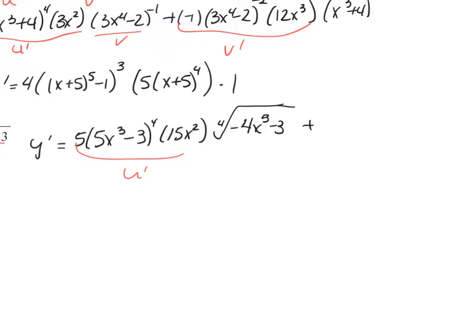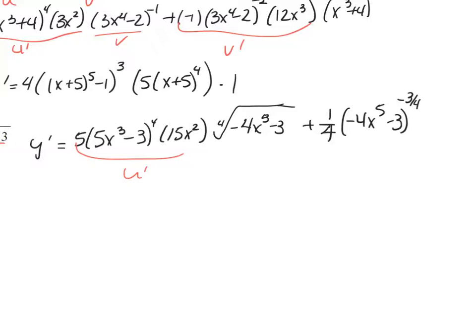So plus the derivative of my second one, I'm going to start with my outer function. It's going to be the 4th root of negative 4x to the 5th minus 3 raised to the negative 3/4. It's the derivative of my outer function.